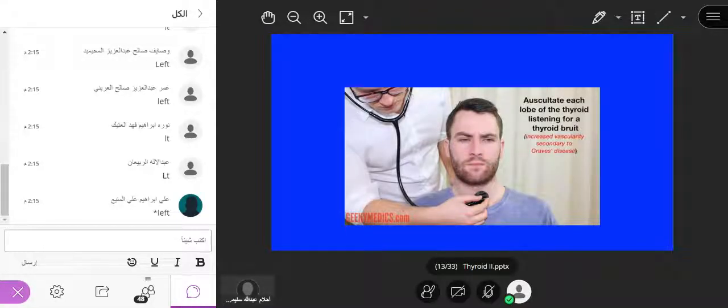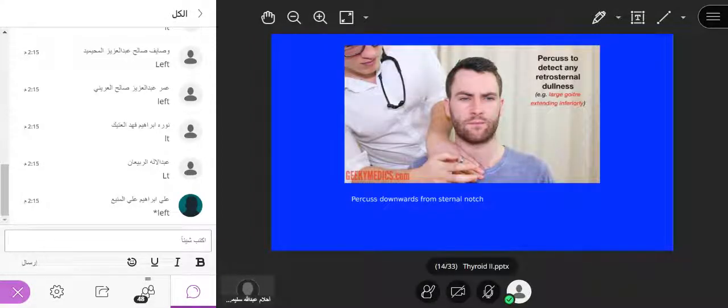Another thing is to auscultate the thyroid lobe, listening for what's called a thyroid bruit. In Graves' disease, the hypervascularity within the thyroid can be audible, and that's called a thyroid bruit.